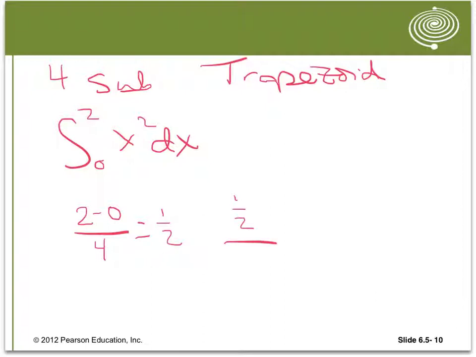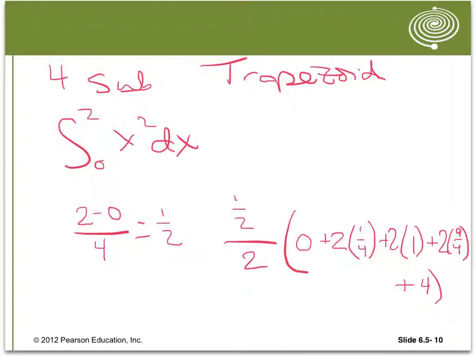So we take our 1/2 divided by 2 times the heights at the different intervals. Let me go ahead and calculate that. So our height at 0 is 0, plus 2 times our height at 1/2, 1/2 squared is 1/4, plus 2 times our height at 1, 1 squared is 1, plus 2 times our height at 1.5, which is 9/4, plus our final height at 2, 2 squared is 4.